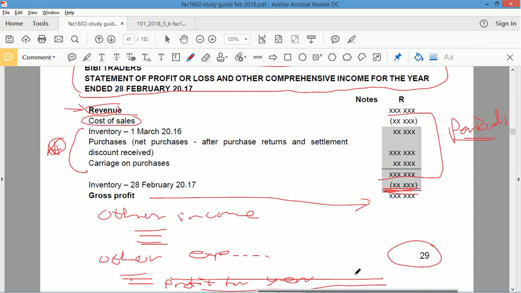What else? Rent expense, you could have that. Give me more income and expense accounts. Sales? Sales is at the top already, can't have sales again. What other income could you get?